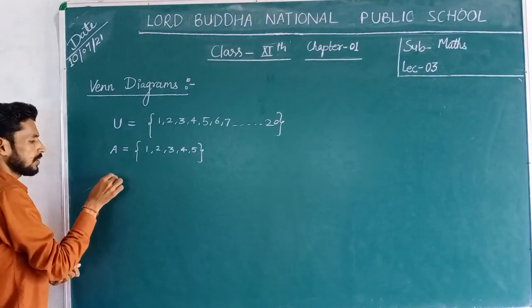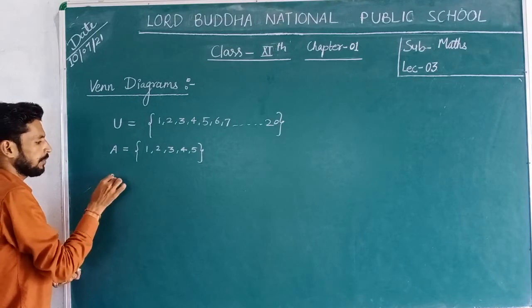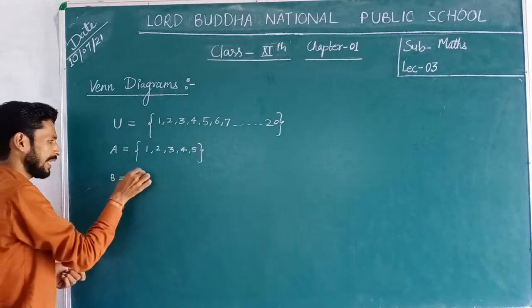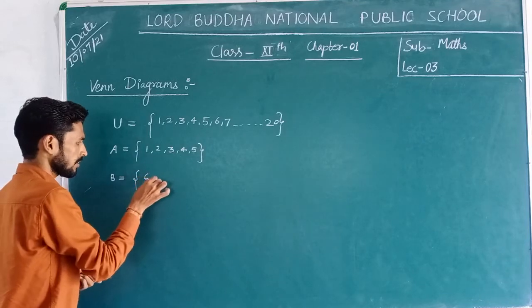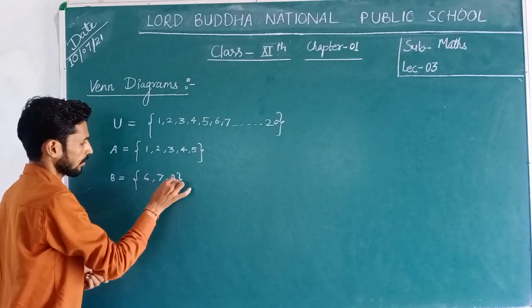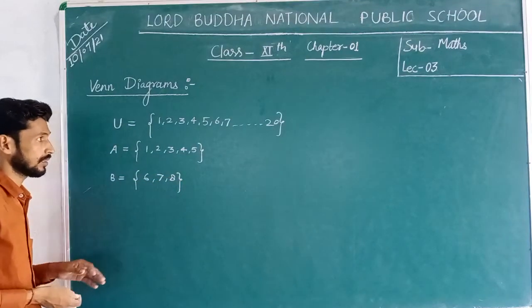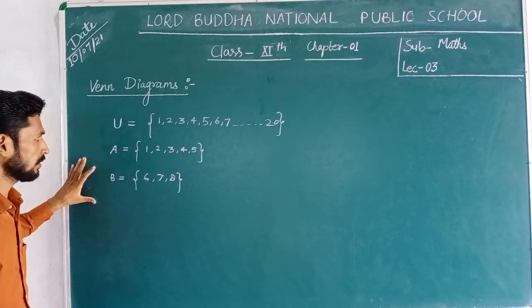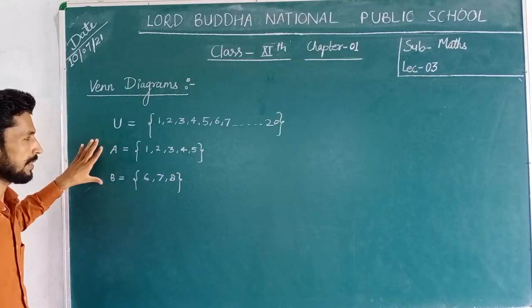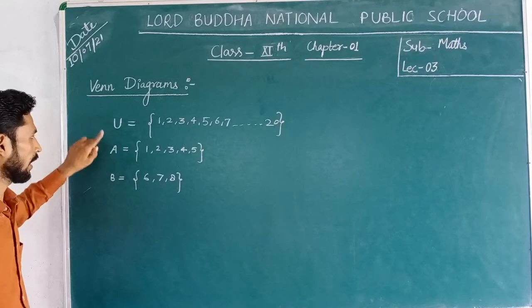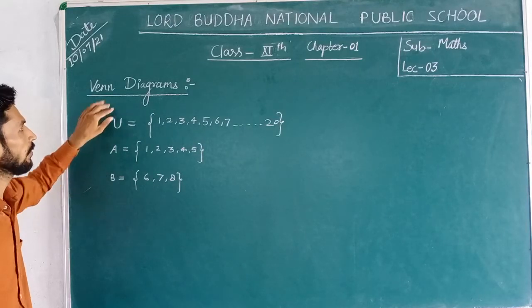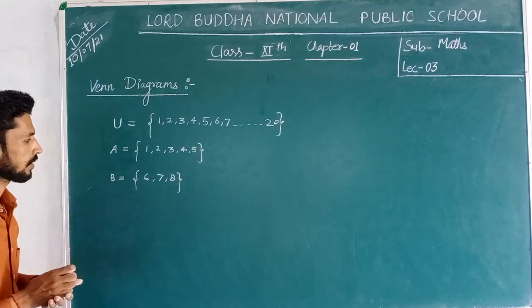And another set is B, which has the elements 6, 7, 8. Now we want to represent the relationship between A and B and U. Then we can use the Venn diagram.